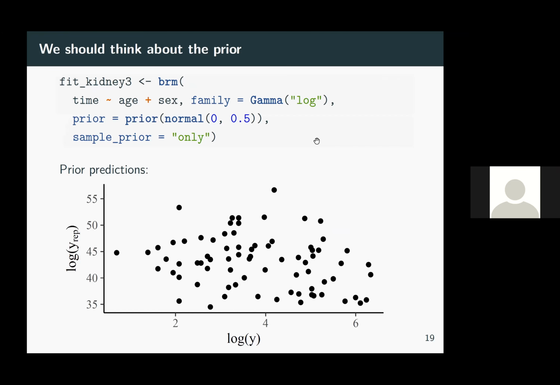Thank you. There was one more question. Does brms use simulation like MCMC or numerical approximation? Yes, I should have said that earlier. Sorry for that. Yes, it uses MCMC.